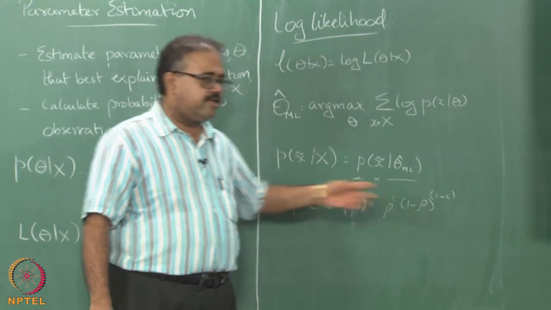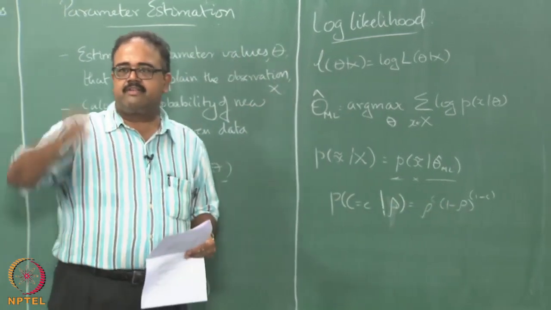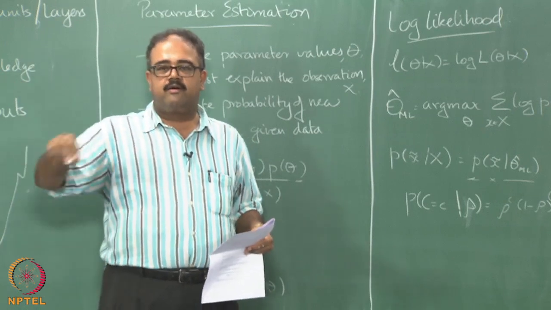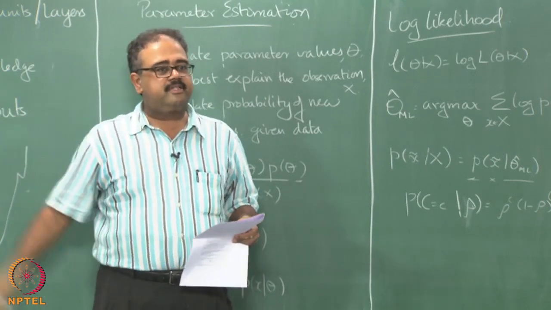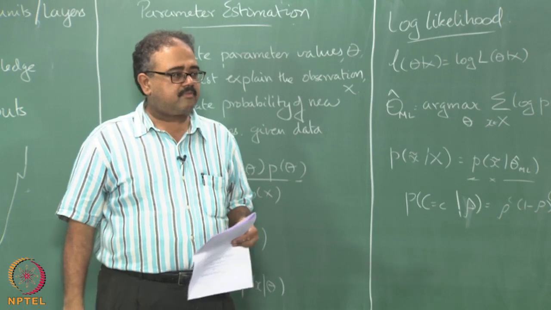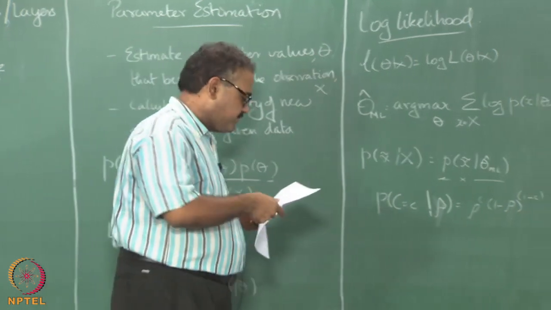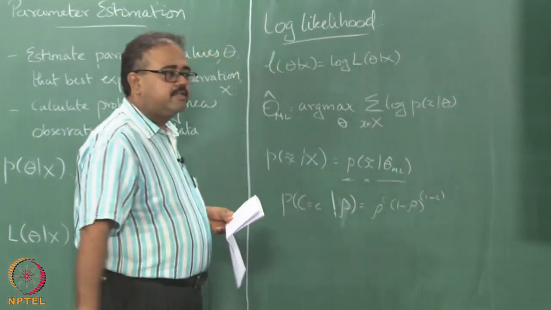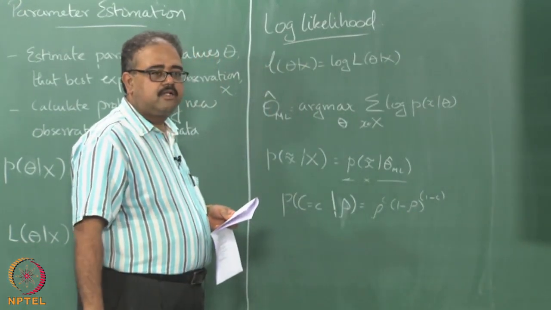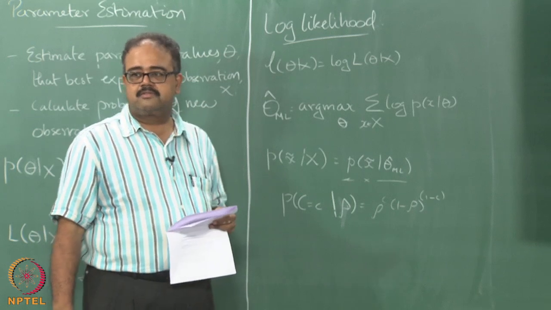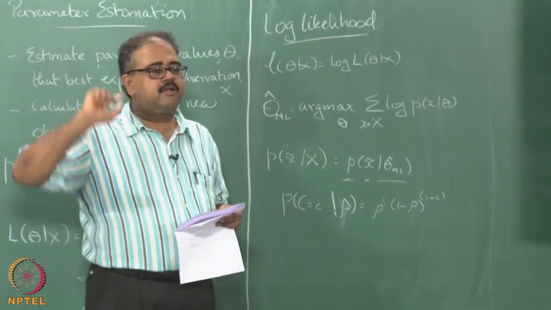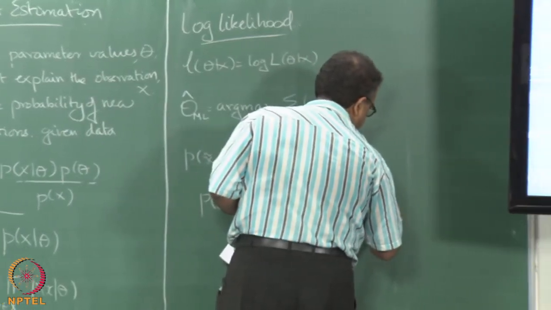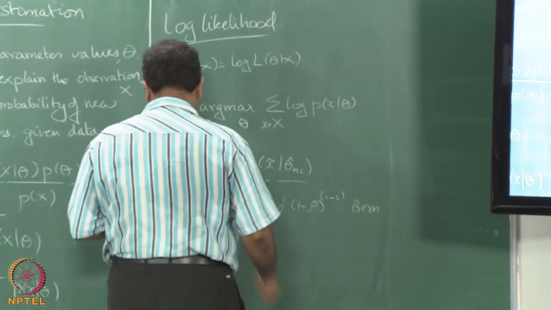So this is the expression in simplified form, otherwise I would have to write it as rho if c equal to 1, 1 minus rho if c equal to 0. Instead of that I can write this using a selection function like that. So what is this probability density called? Bernoulli, yeah. The Bernoulli density.